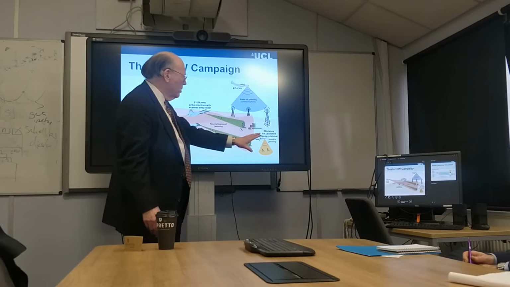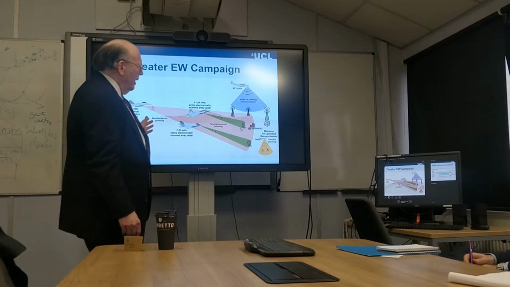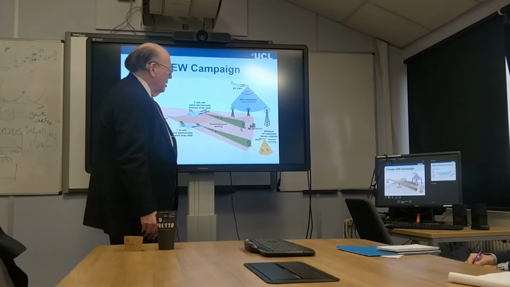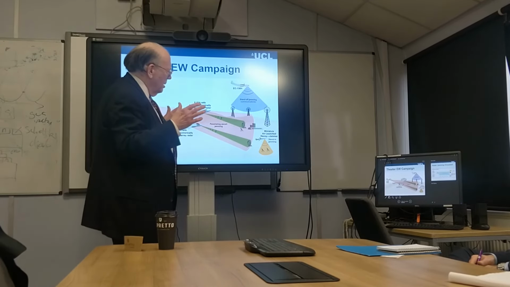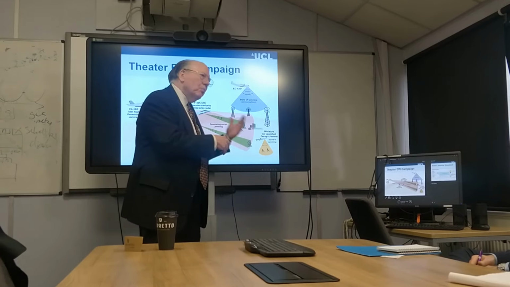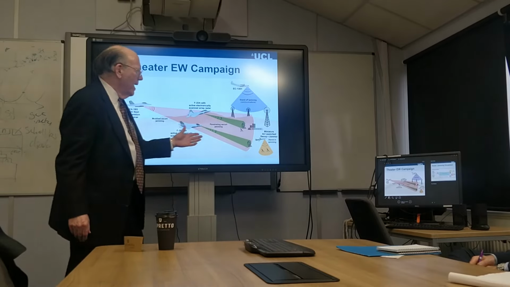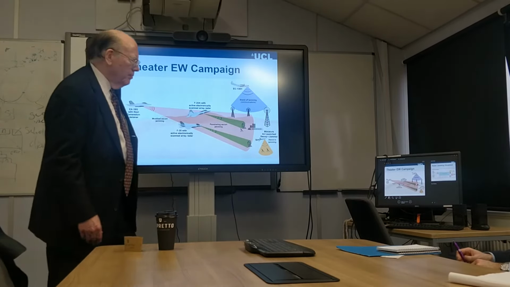They can fly in close and do jamming. The advantage of getting close for stand-in jamming is that because of the space loss, the closer you are to the system you're trying to jam, the more effective your jamming is. So that's an advantage of the stand-in jammer versus the stand-off jammer.